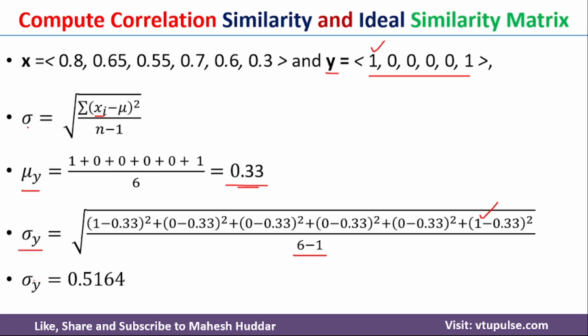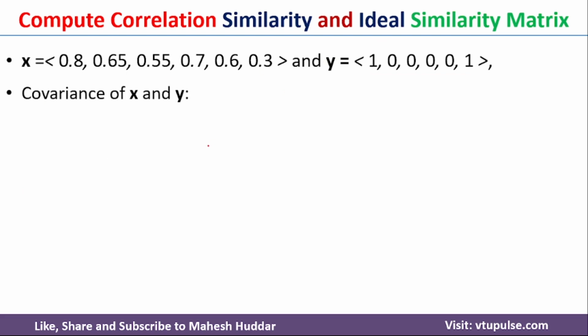Now we have calculated the standard deviation with respect to x and y. We need to calculate the covariance between x and y. The covariance between x and y is always equivalent to the summation of (xi minus mu x) multiplied by (yi minus mu y), divided by n minus 1 in this case. Again, n is the number of elements, known to us, 6 here. We need to solve the numerator.